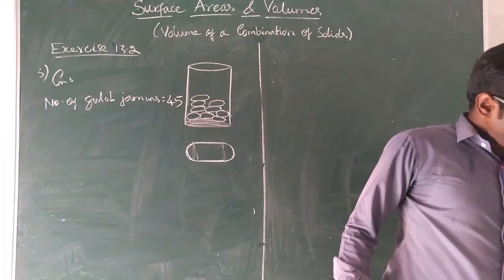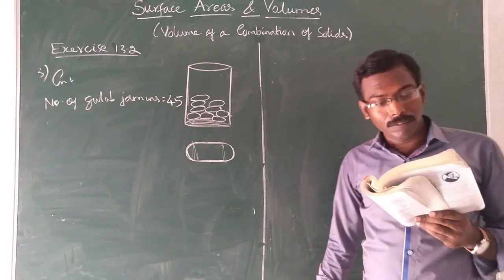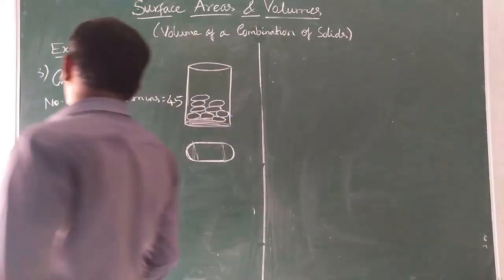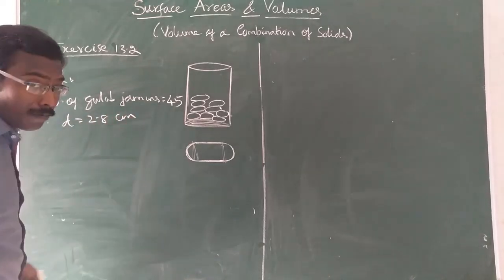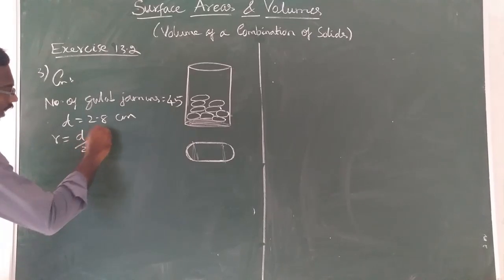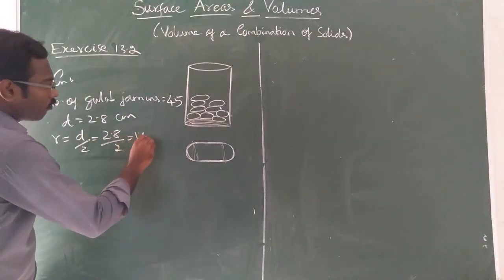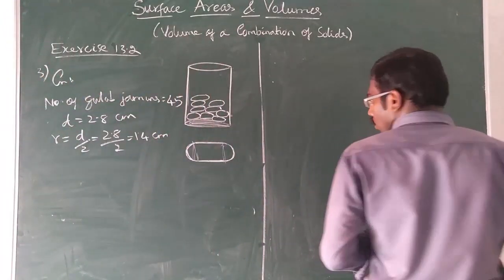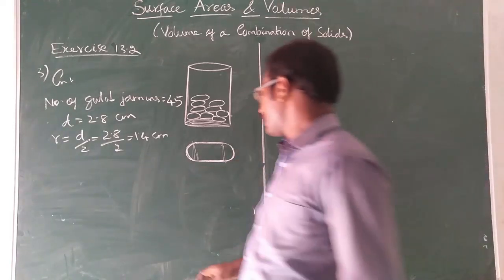Okay, and hemispherical ends with length 5 centimeter and diameter 2.8 centimeter. Okay, so diameter is equal to 2.8 centimeter. Whenever diameter is given, directly find the radius. Radius equal to d by 2 equal to 2.8 divided by 2, that is equal to 1.4 centimeter. Understood or not? Okay, so now the length means the total length.